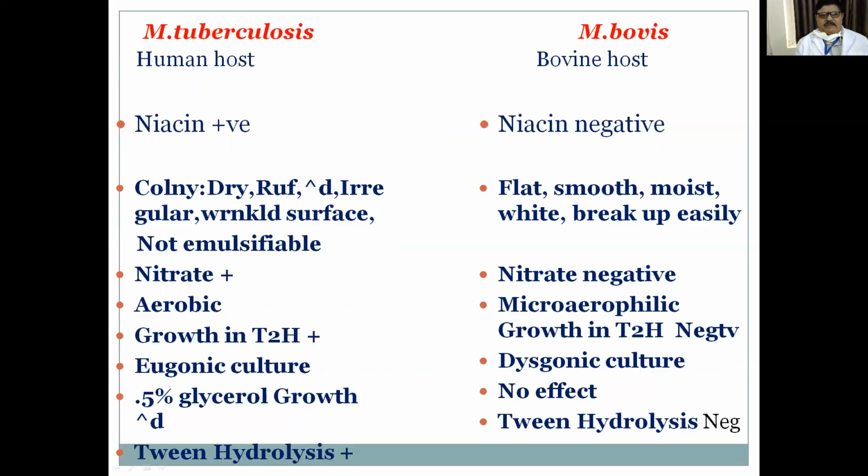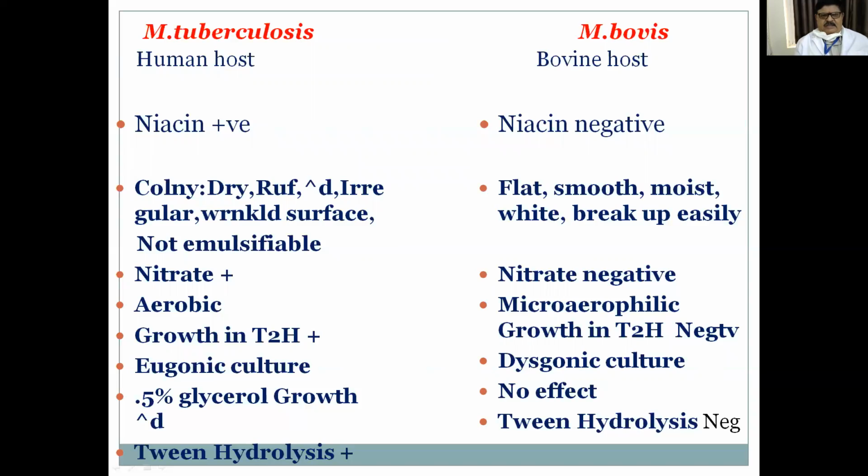Why I'm telling you at the beginning itself: you might get a short note, so write at least 4 differences between Mycobacterium tuberculosis and Mycobacterium bovis. Question paper oriented, we have to remember at least 4 differences.